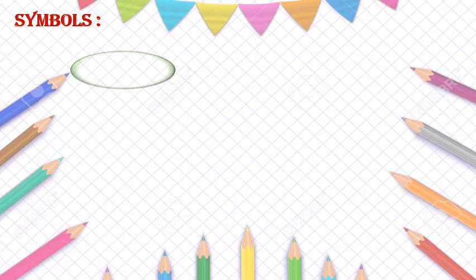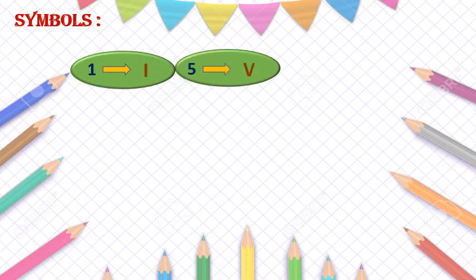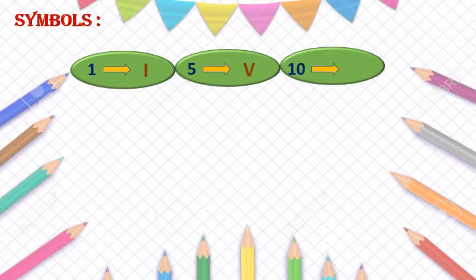Now students, some more symbols we will learn today. This you know, 1 is I, 5 means V, 10 means X. This we know, and we studied the rules also depending on this.